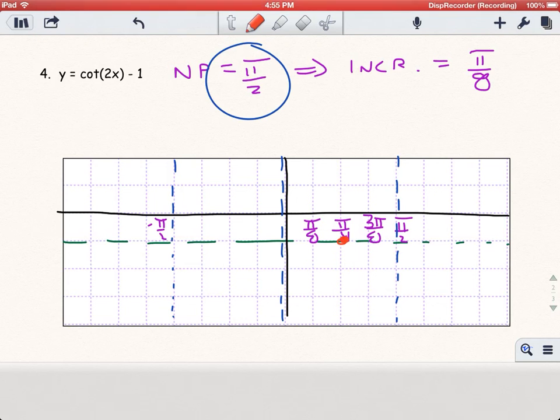So at pi over 4 is going to start us at equilibrium, and at pi over 8 we're going to be 1 away. Same thing here. This will be negative pi over 4. And that's what our cotangent curves will look like.